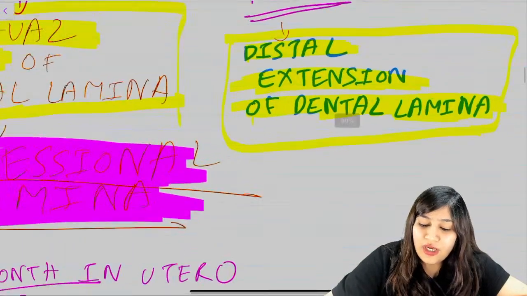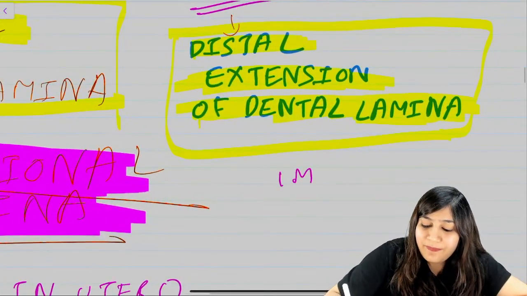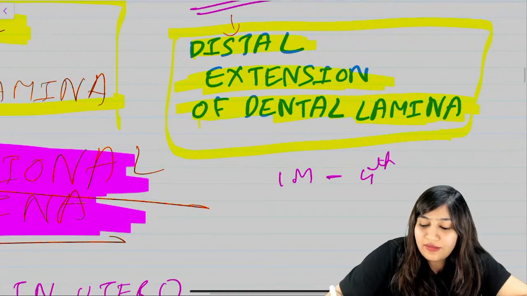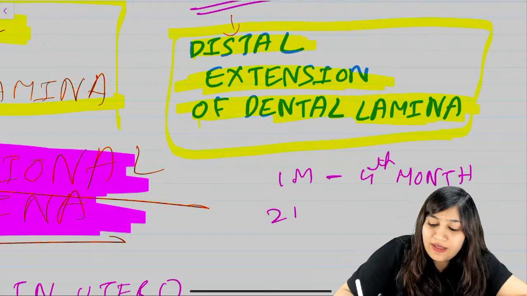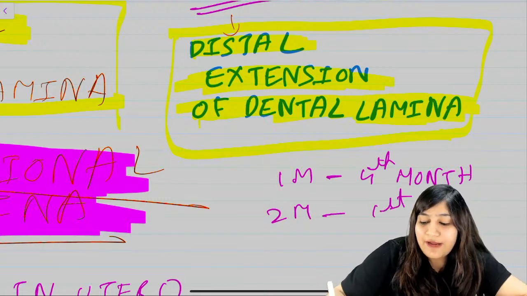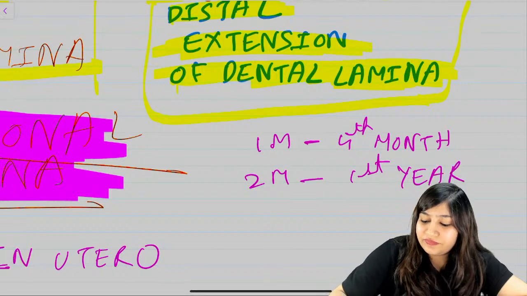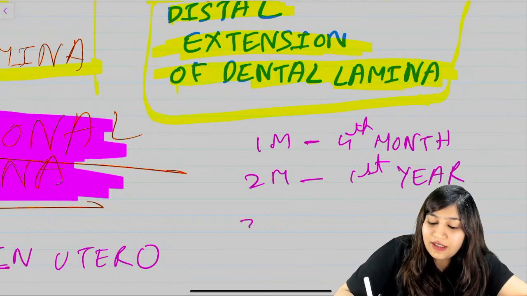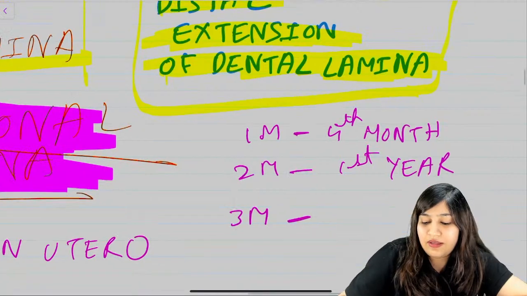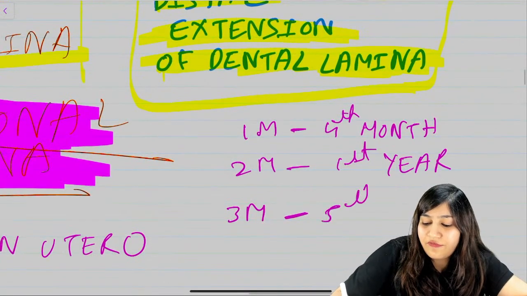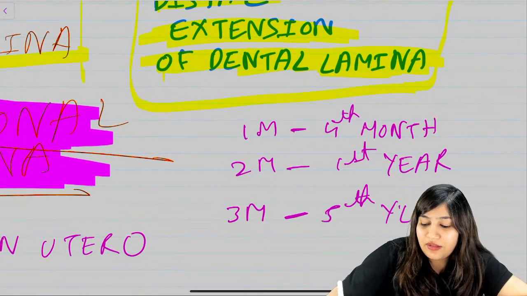While our molars: first molar 4th month in utero, second molar first year after birth, and third molar the end of the 5th year.